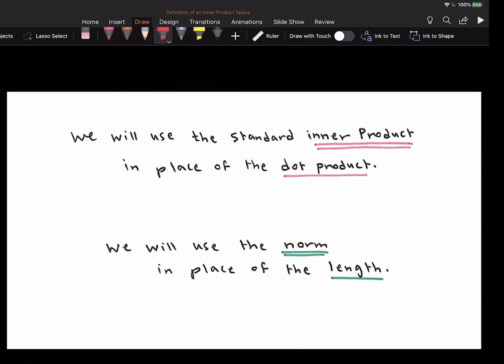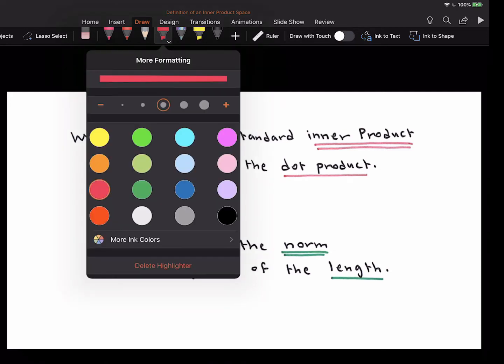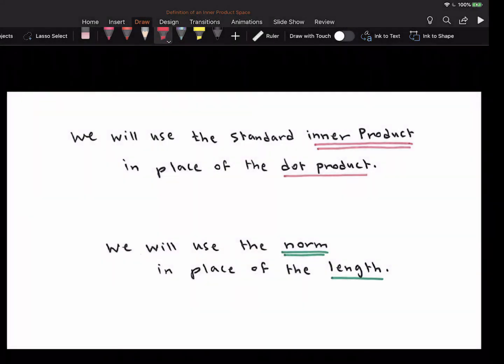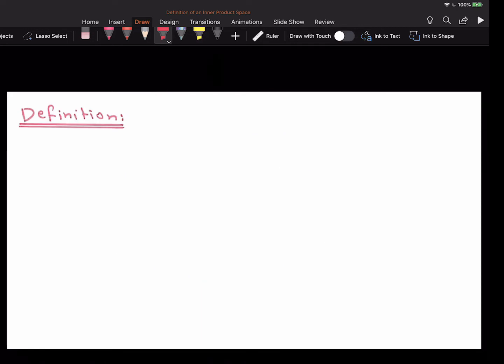Also, we will use the norm in place of the length or magnitude. So two things we're going to be using are inner product and norm, like dot product and magnitude.